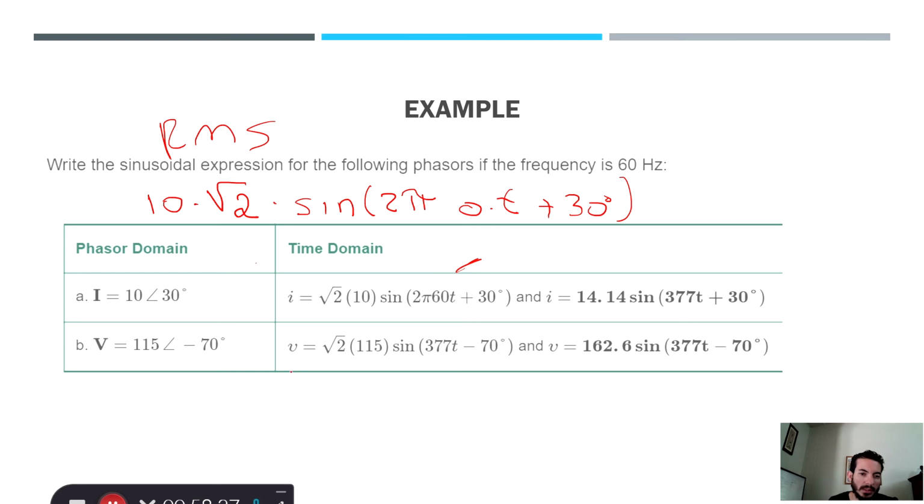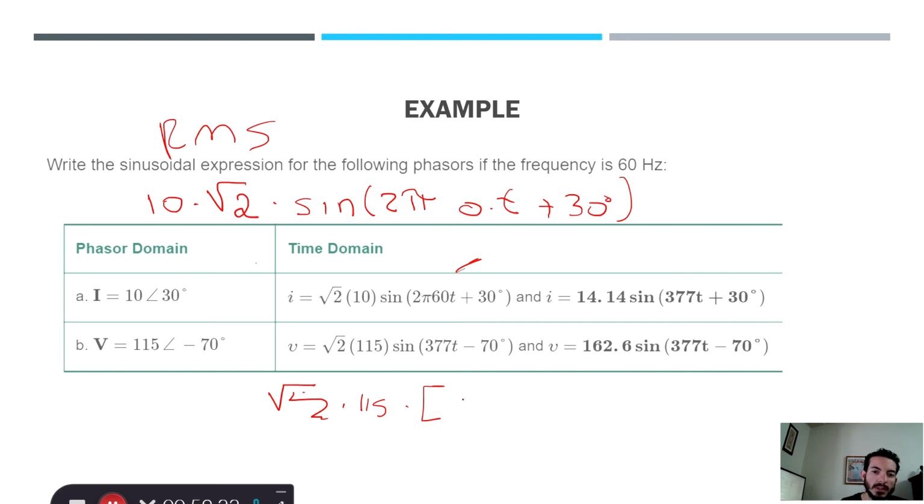Now similarly, notice that if they give you in polar form 115 volts, voltage phasor at negative 70 degrees offset, then in time domain that is going to be, as we know, square root of 2 times 115, and sine of 2 pi times 60.